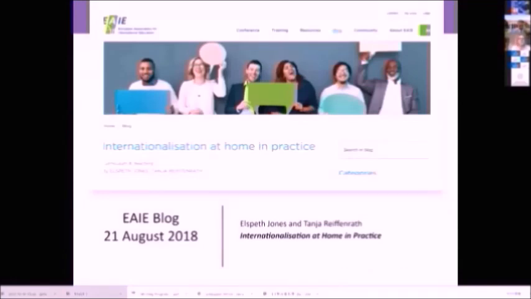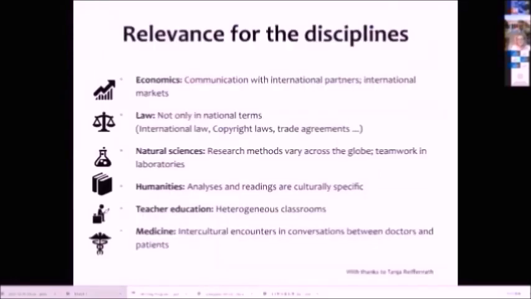Again, the focus is on intercultural as well as international. If we move to the next slide, we see that internationalization of the curriculum is relevant for all disciplines, not simply the usual, which we might think of, such as business or people who are working with people in other countries.